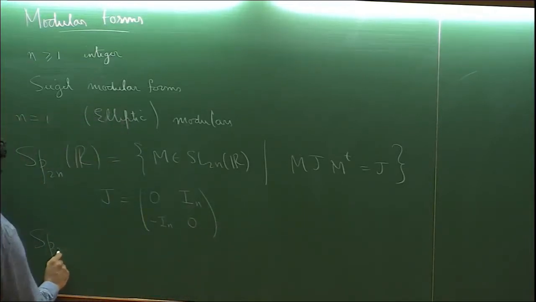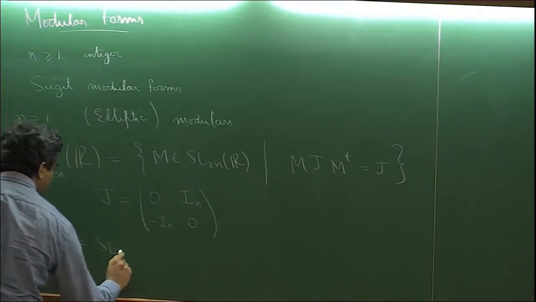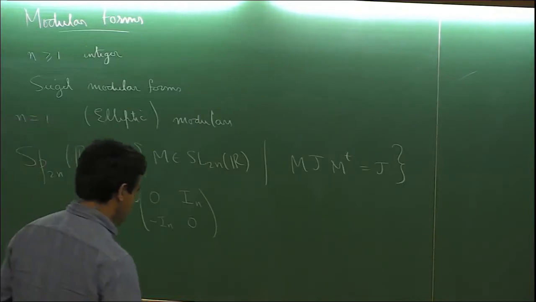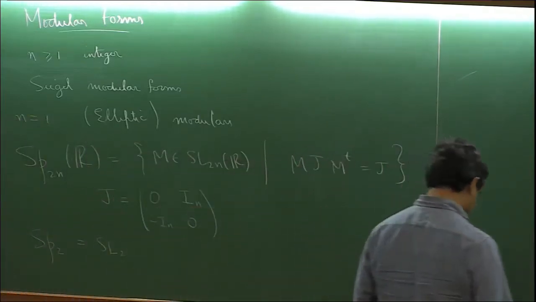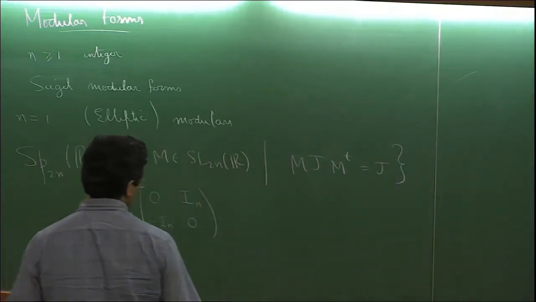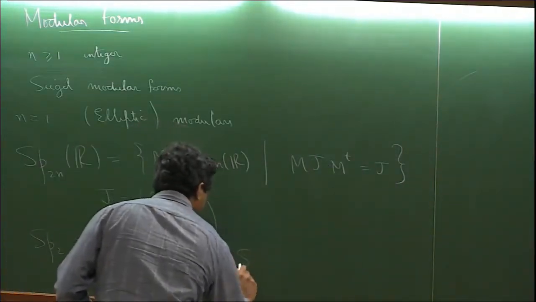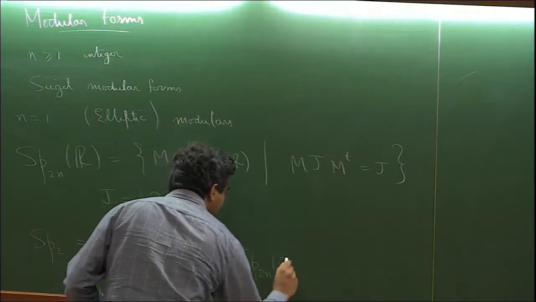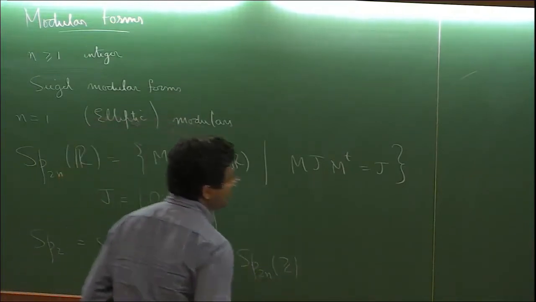So Sp_2 is simply SL_2. This can be checked easily. Okay, so that's my group, and then I'll be interested mostly in Sp_2n(Z), well, this or this.